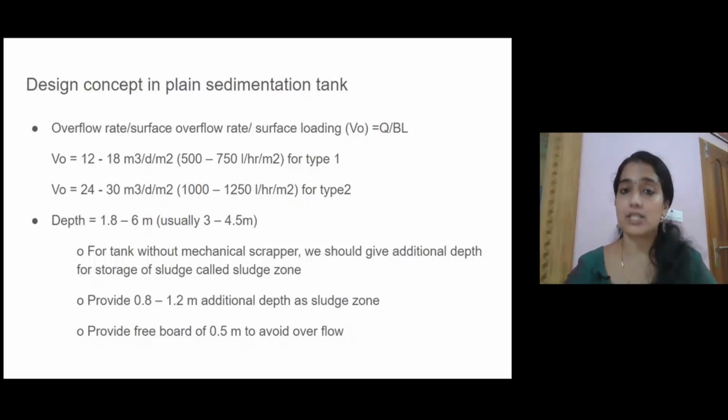While designing a plain sedimentation tank, we have to adopt a value in between 12 and 18 in terms of meter cube per day per meter square, and in liters per hour per meter square, a value between 500 and 750. Likewise in type 2 settling also. This is the first factor we are going to assume while designing a plain sedimentation tank.